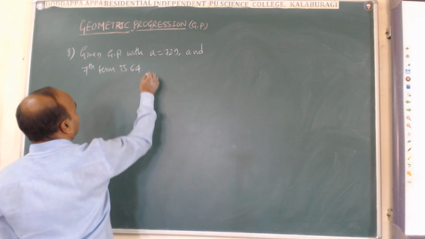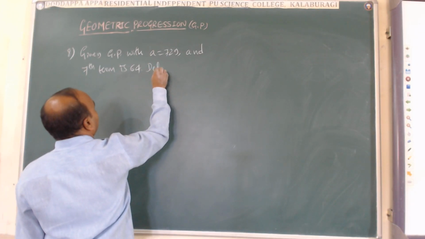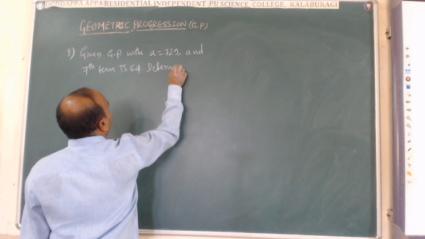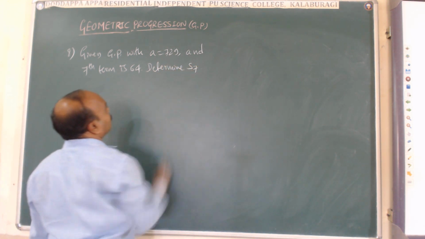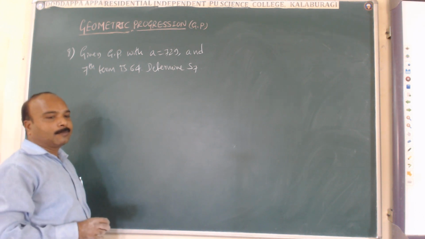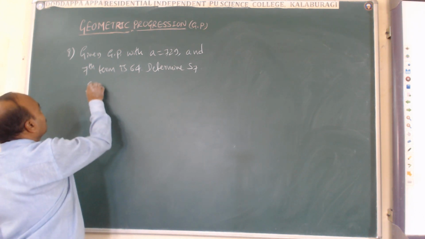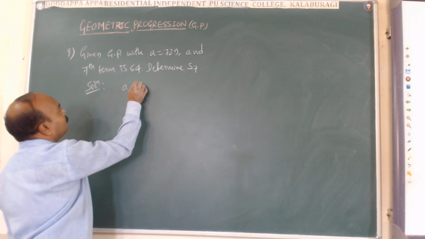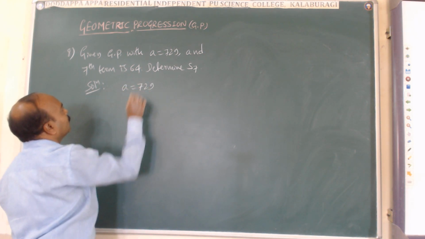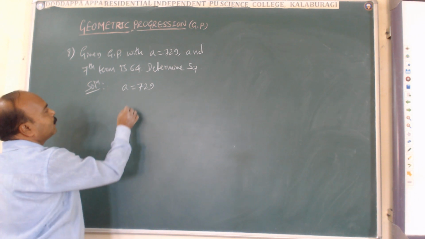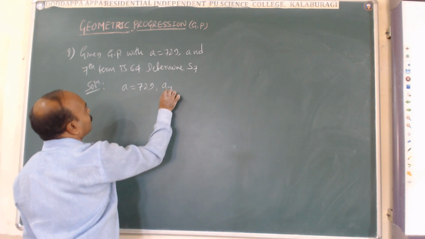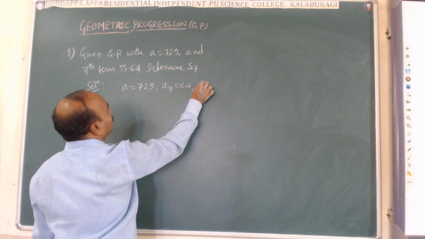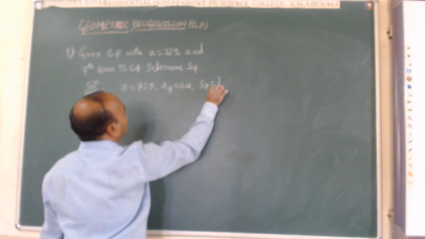Determine S7. Determine S7 means sum to 7 terms of GP. First they have given that the first term of the GP is 729 and the 7th term is 64, means a7 equal to 64, and it is asked to find S7.